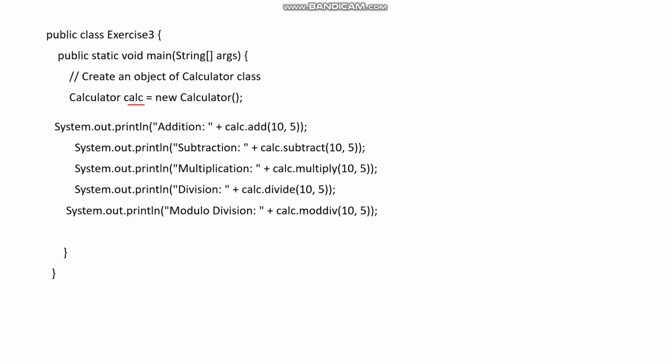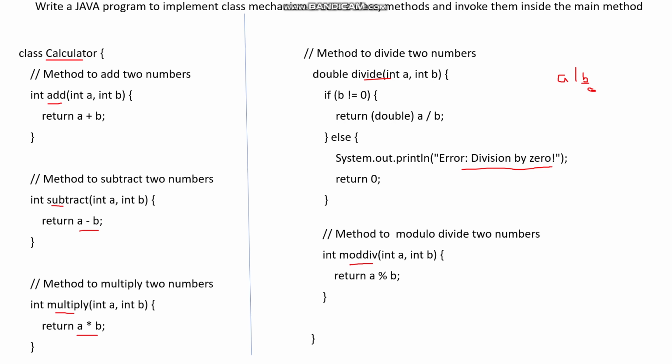Next, System.out.println addition. calc dot add 10 comma 5 means it is invoking the add method, and it is passing the data as the a value is 10, the b value is 5 here.